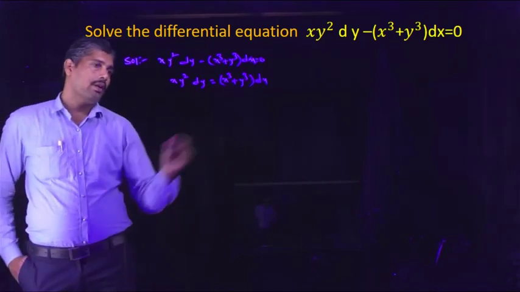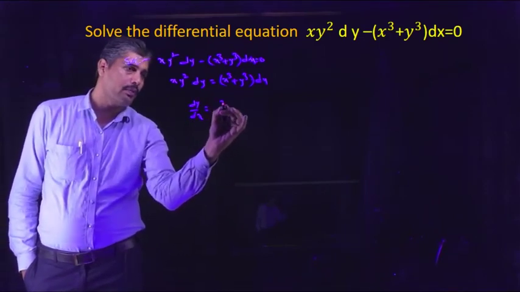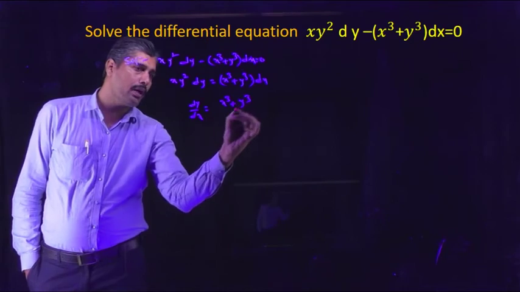First convert into dy by dx form, that is dy by dx equal to x cube plus y cube by xy square.